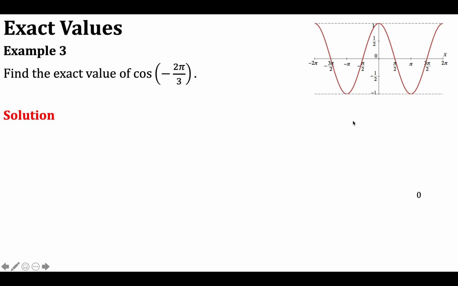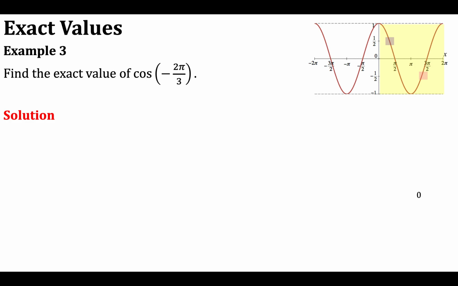So negative 2 pi over 3 is about here. So you can hopefully see, if we move that, it is the same as cos of negative pi over 3.